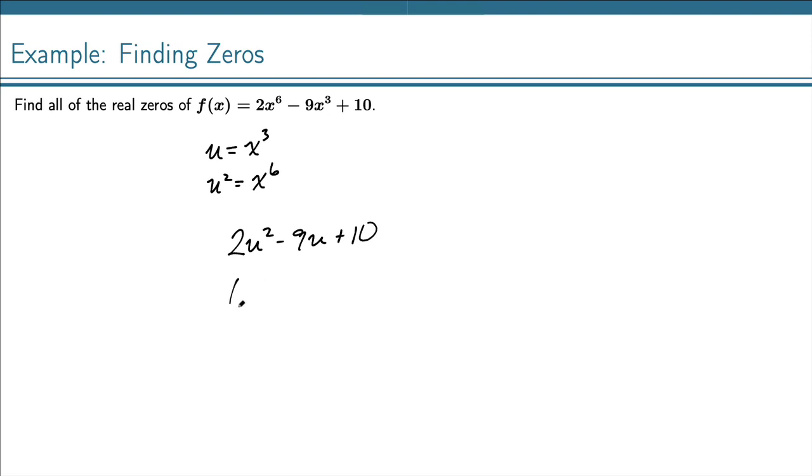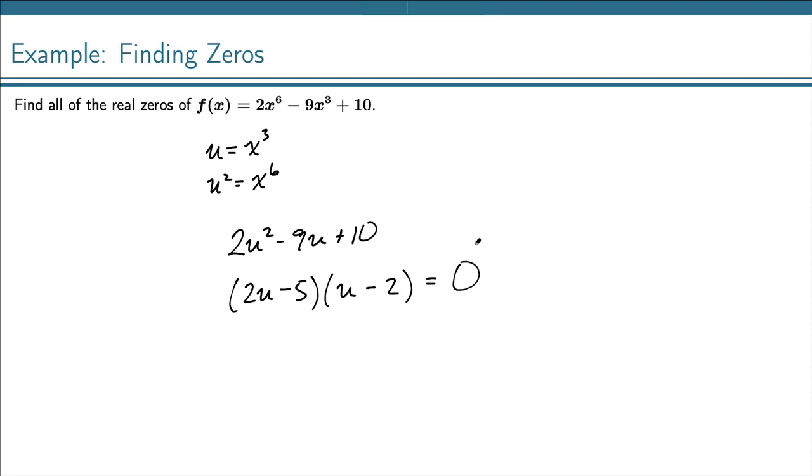I'm sorry. 2u and u. I'm thinking 10 and 1, 5, and 2. Yeah. Minus 2, minus 5. There we go. That works out. So this factored.